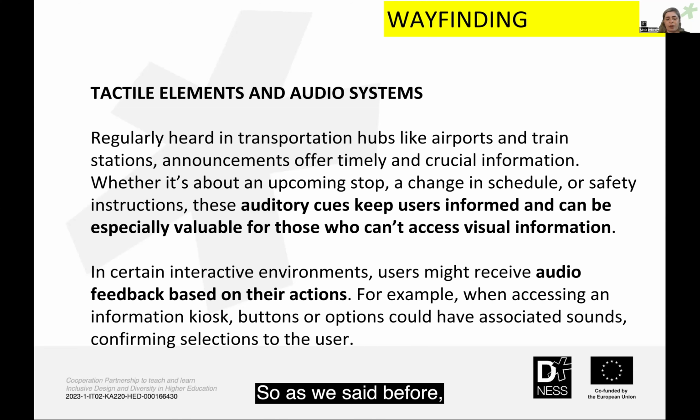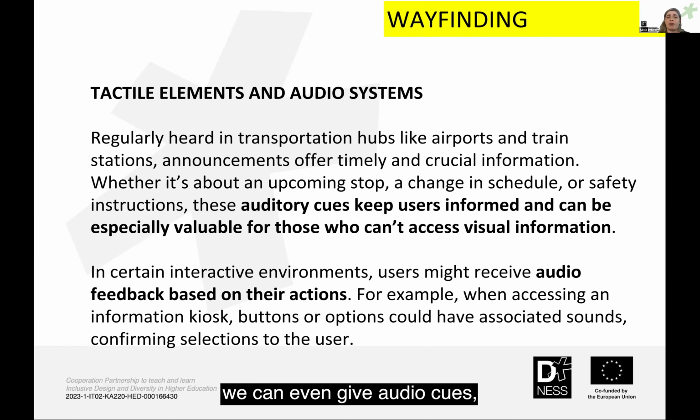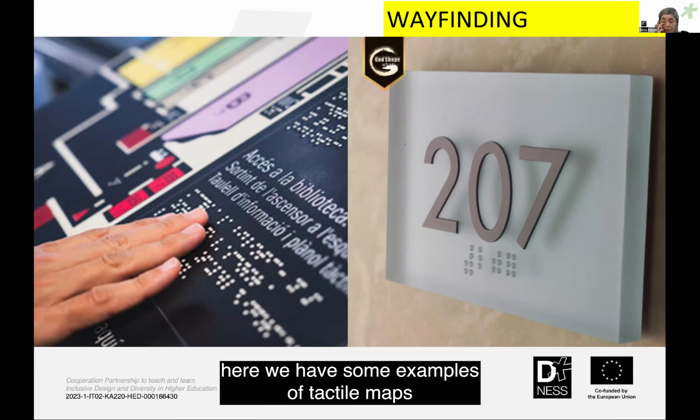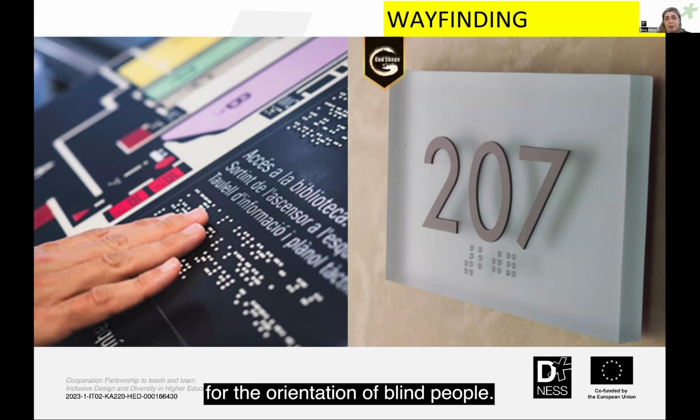So as we said before, besides giving tactile elements to help visually impaired people, we can even give audio cues just to give information in a quicker way and without obliging the person to read something and gain information from the visual channel. Here we have some examples of tactile maps that can be very useful for the orientation of blind people.